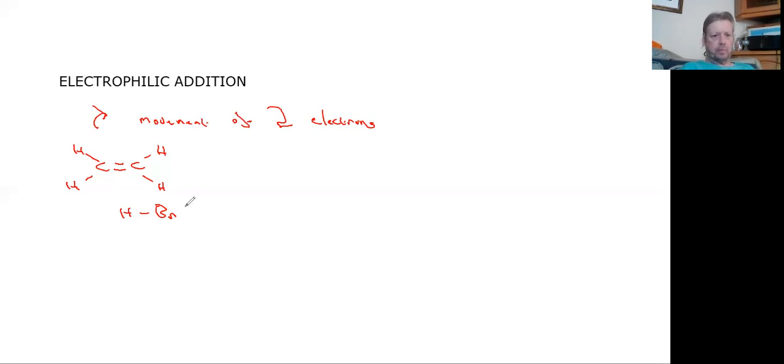So this is delta minus, and this is delta plus, because the bromine pulls the electrons in this covalent bond slightly towards itself. It doesn't gain an electron. Don't forget, one of these electrons is from bromine and the other one is from the hydrogen.